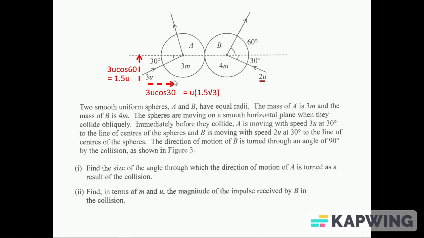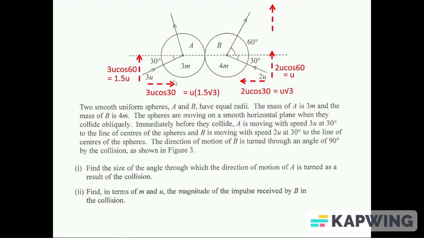And then for B, along the line of centres, it's going to be 2u cos 30 or u root 3, which is almost all right. And then the one that's perpendicular to the line of centres is going to be 2u cos 60. Cos 60 is a half, so that's u. That's nice and tidy. I'm going to stick with that. I'm not keen on the root 3 bits though, so I'm going to stick with the 3u cos 30 as the number I'm going to use.